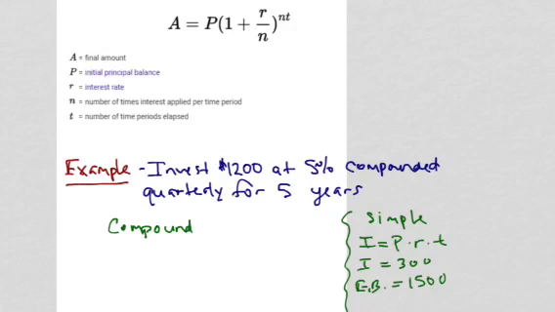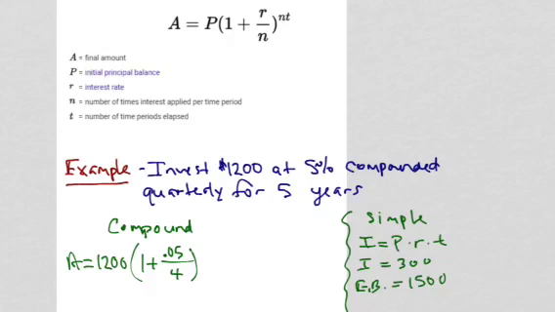Well, with compound interest, I'll fill in the formula a little differently. My principal, 1,200. And then 1 plus, and now I'm going to do my rate, 0.05, that's 5%. And then divided by N, that's the number of times it's compounded, 4 times per year. That's from the word quarterly.